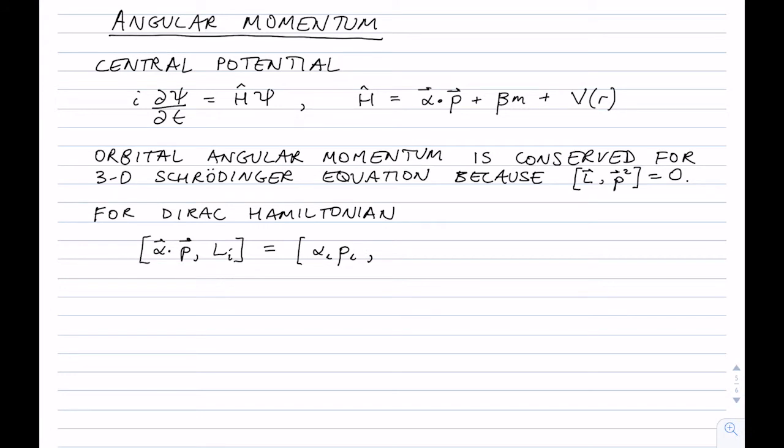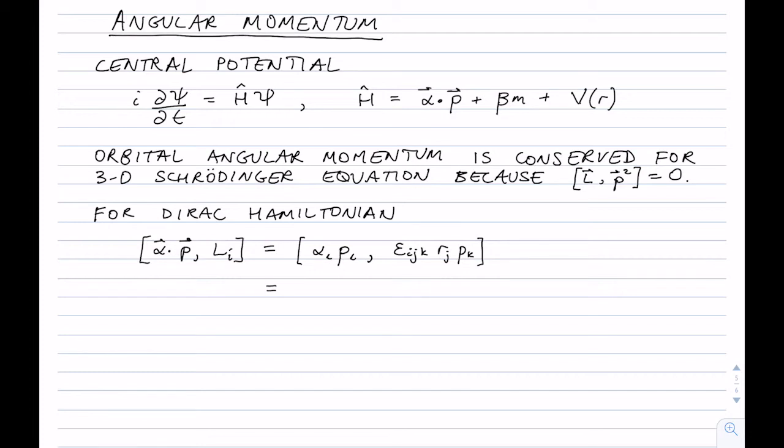And same with L, I can write it's r cross p, so I can write this as epsilon_ijk r_j p_k, where again, because we have repeated indices j and k in this equation, we have a summation over j and k equal 1, 2, 3.